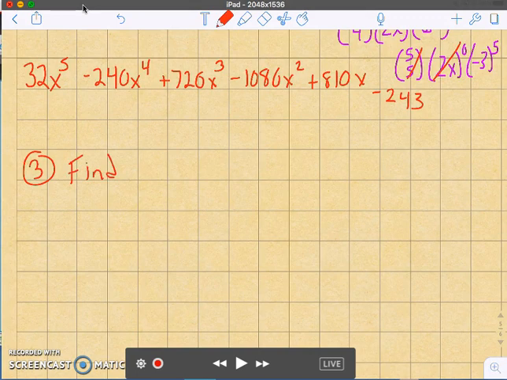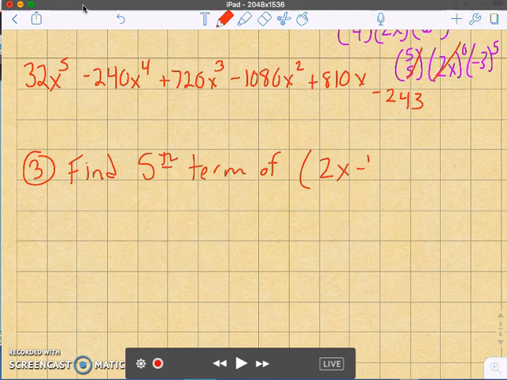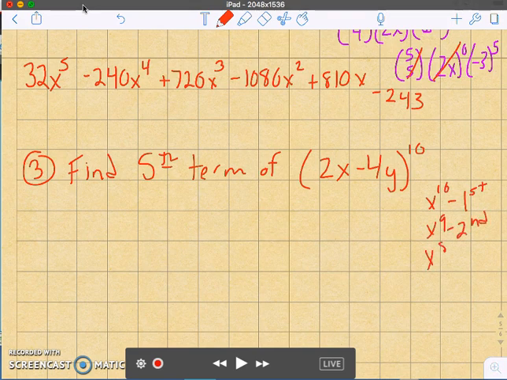So let's say we had to find the fifth term of 2x minus 4y to the 10th. What would be the fifth term? So x to the 10th is the first, x to the 9th is the second, x to the 8th is the third, x to the 7th is the fourth, so x to the 6th is the fifth.